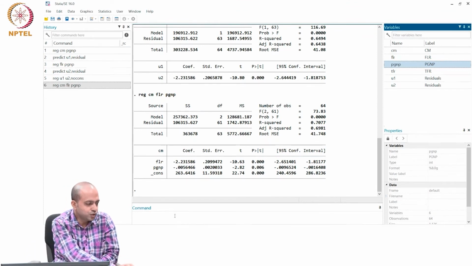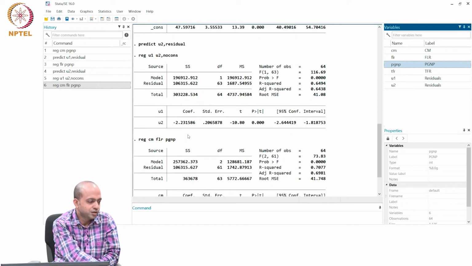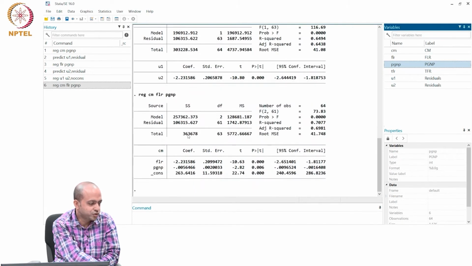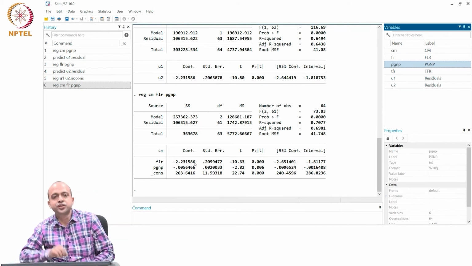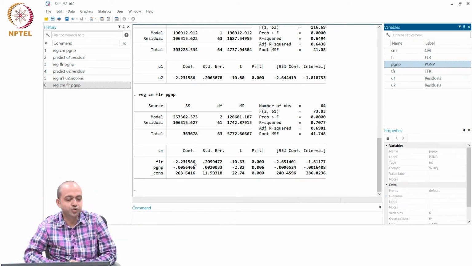What is the coefficient of FLR? Minus 2.231586. What was the coefficient we got following the steps? That is also minus 2.231586. So this coefficient exactly matches the coefficient we got earlier.